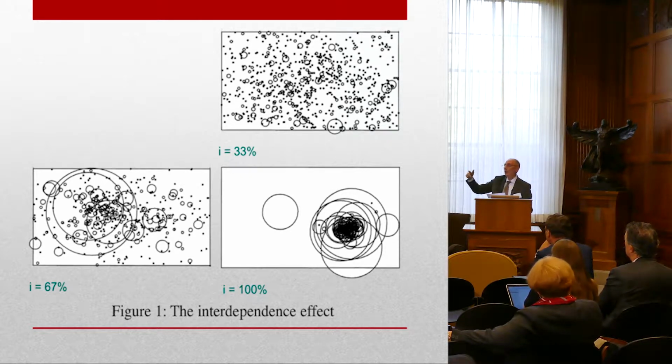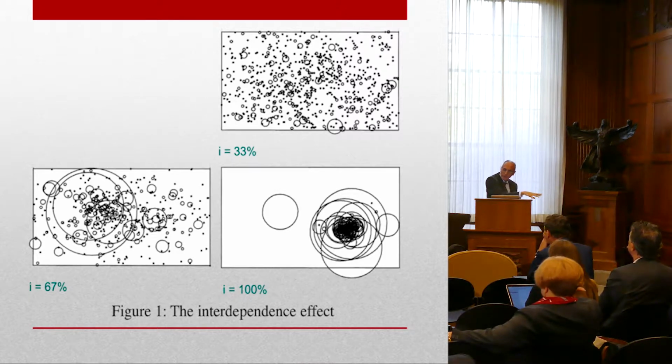So you generate hundreds and thousands of successive problems, and here 33% means that 1 out of the 3 reference points that are selected is chosen among the previous optimal locations of the previous problems, okay?